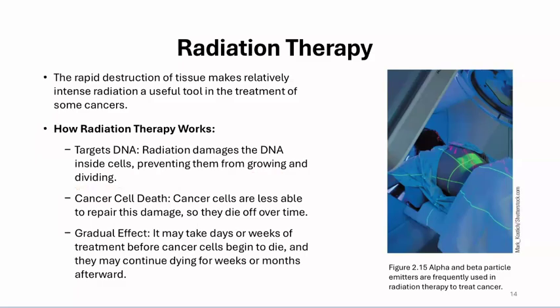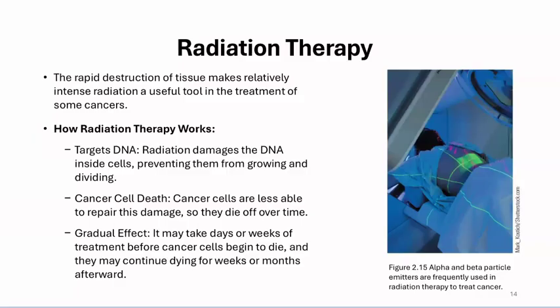If cancer cells are specifically damaged, they are less able to repair this damage. So once radiation therapy has occurred, understand that the cancer cells are going to die off over time. Radiation therapy can also have gradual effects. It can take days, it can take weeks before the cancer cells die.